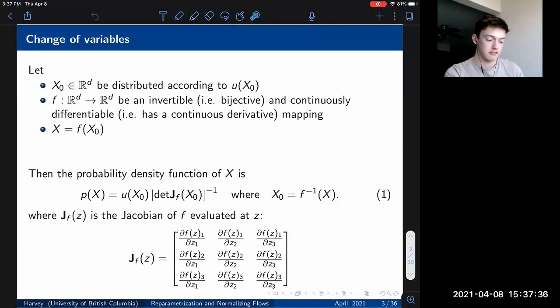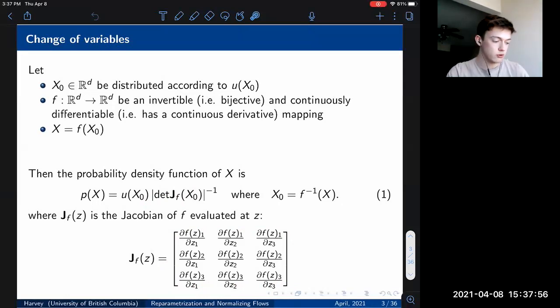This is a square matrix, since f has the same number of output dimensions as input dimensions. And so we can compute its determinant up here, take the absolute value of the determinant and invert that. And that is how we get the probability density of x.